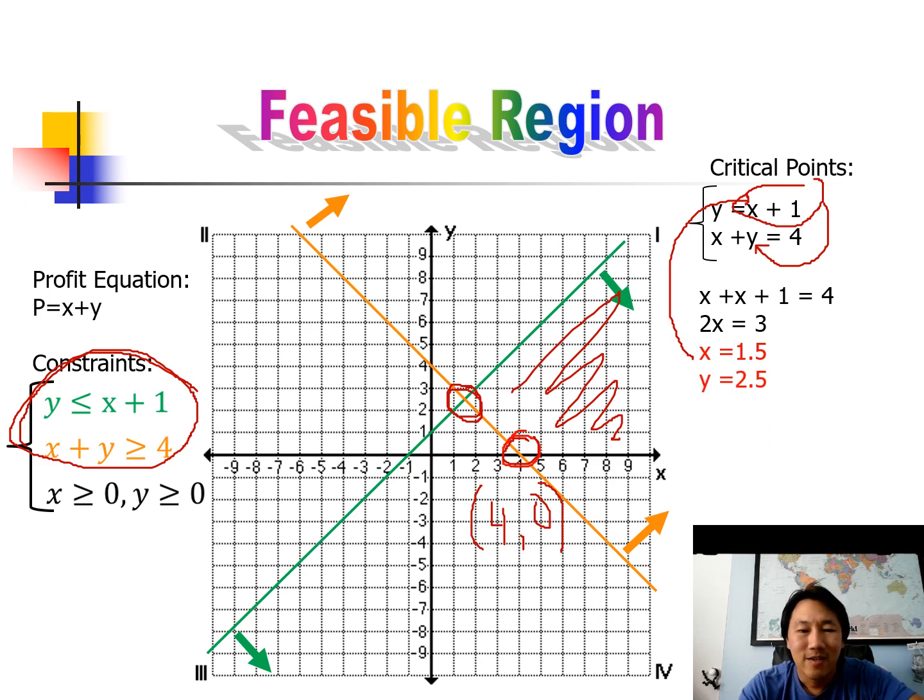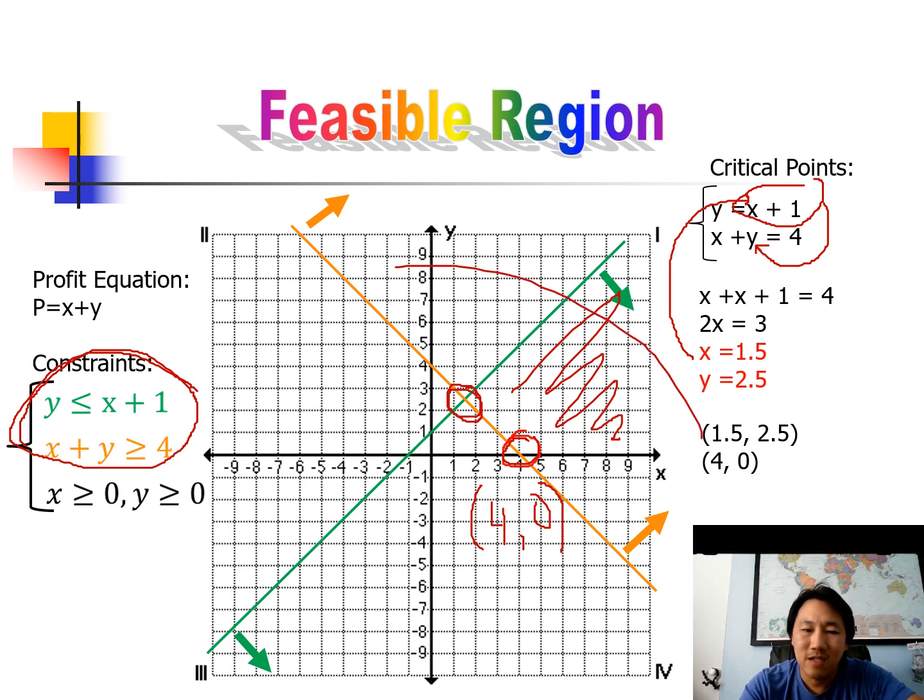All right. So when the graph is not clear, you can use substitution method or elimination method to find where they intersect. So now here are our 2 critical points. 1.5, 2.5, and 4, 0.